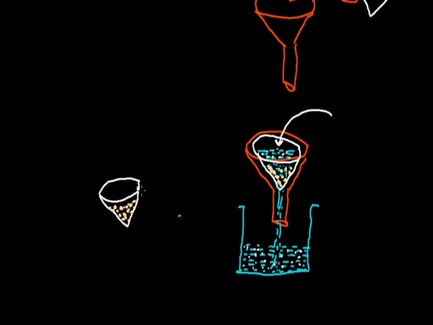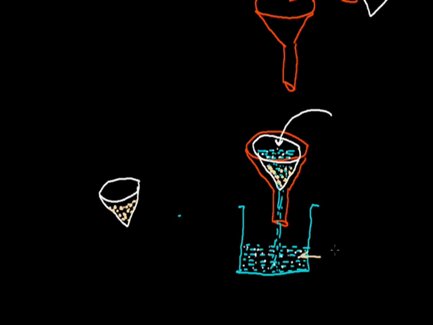We put this filter paper into the oven for drying, and after drying we get the particles of sand. So now sand has been separated from the solution, but salt particles are still present in the water.